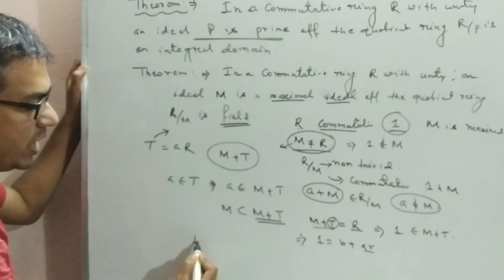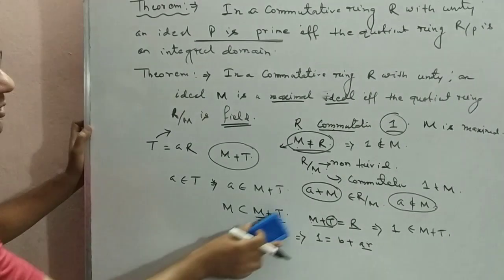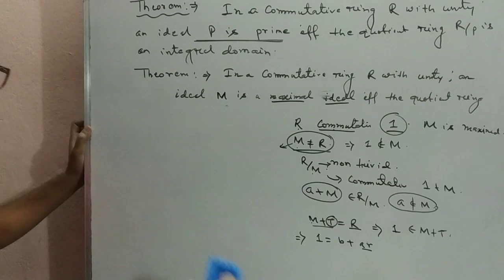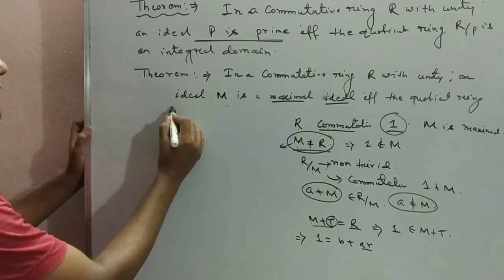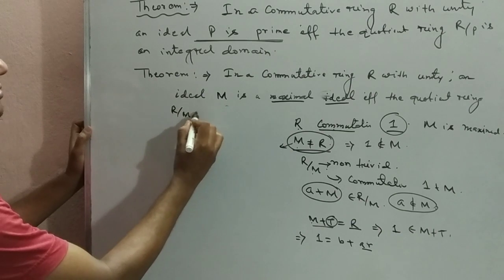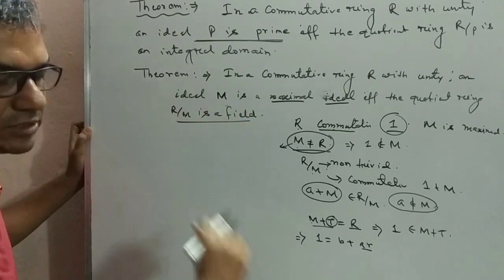Now R by M is a field. This is the statement of the theorem.